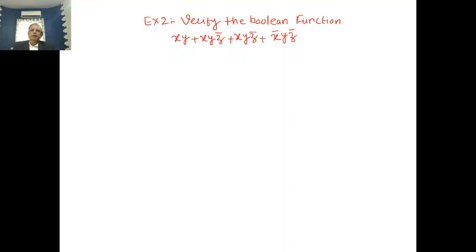Then second, verify the Boolean function that equals y x plus z. Now if we observe the first two terms and the next two terms, here xy is common and here y z bar is common.